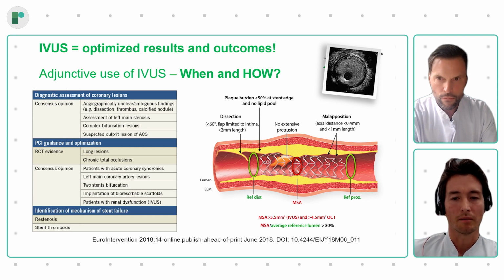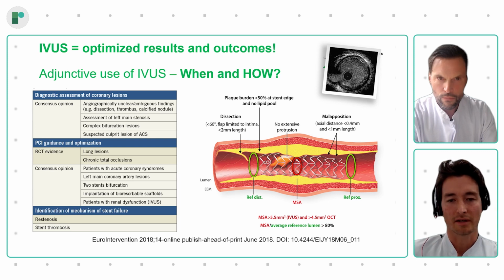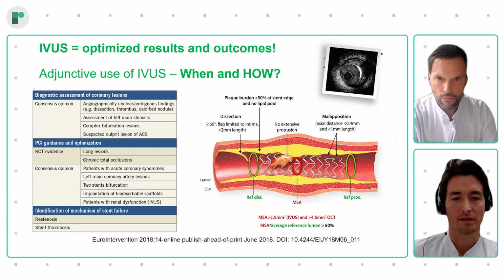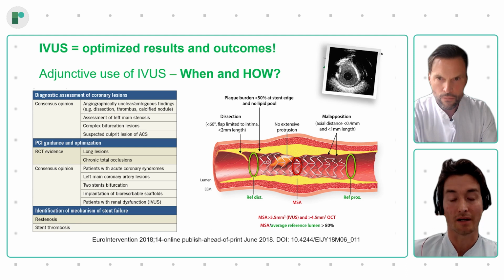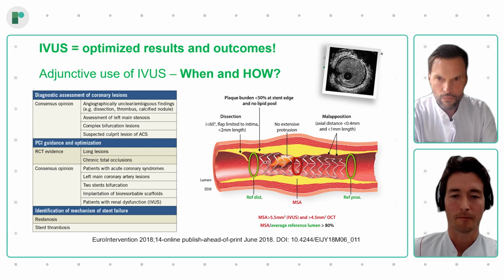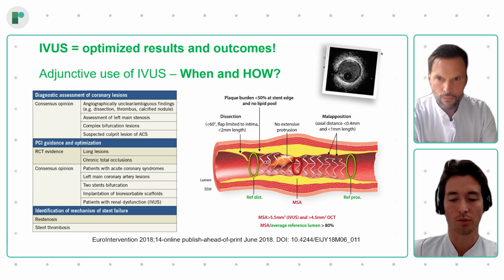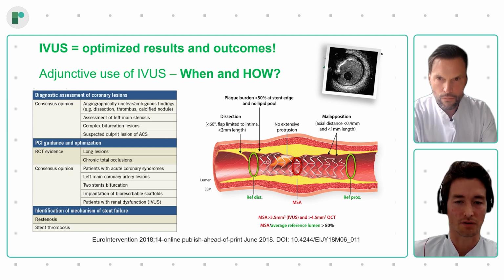What is the goal of assessing a post-PCI result? On the right-hand side, you can see that our goal is to find a landing zone with a plaque burden below 50% at the stent edge. And of course, you have to consider the identification of lipid pools, because you have a very high probability, almost a guarantee, that if you stent into a lipid pool, there will be dissection or vessel injury.